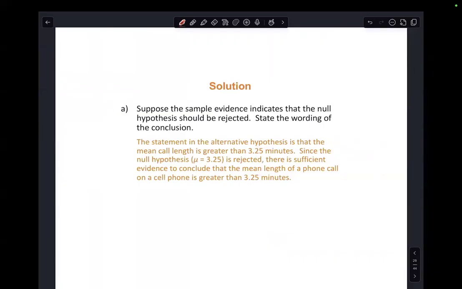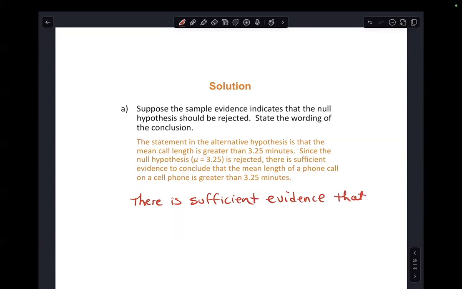So here's what I would write. There is sufficient evidence. Now, if we were writing this after doing the math, we're going to explain what the evidence is. But we haven't done the math yet.